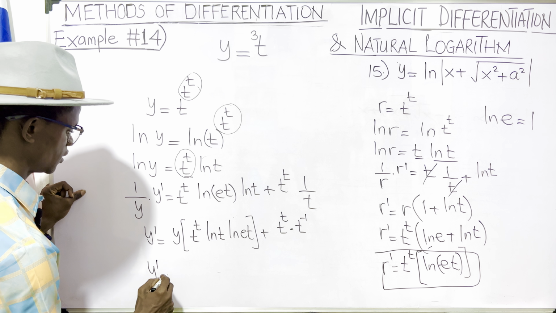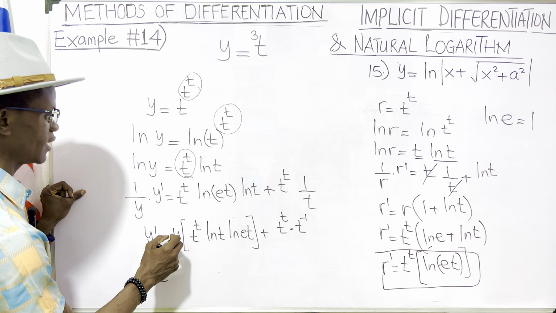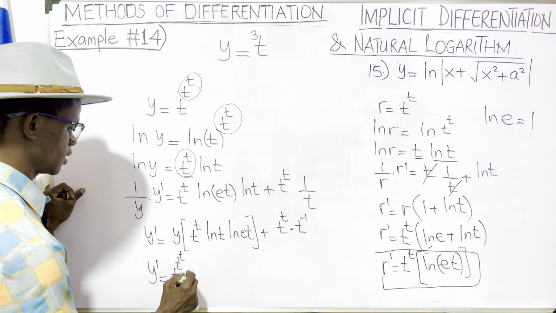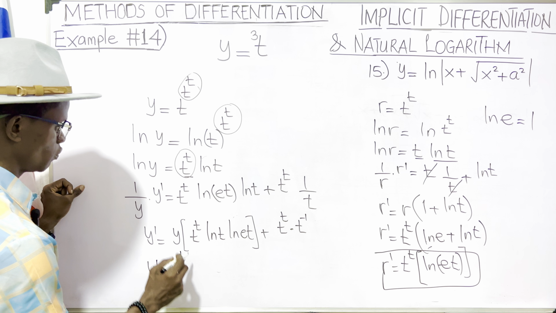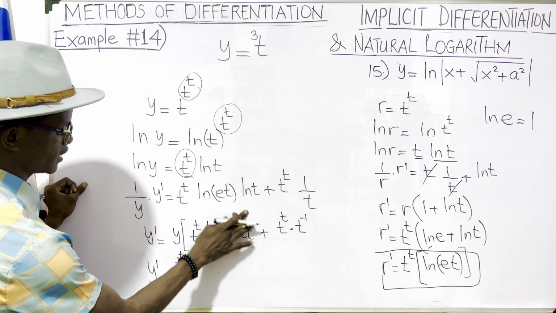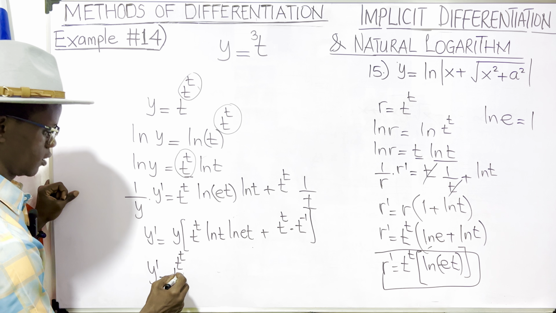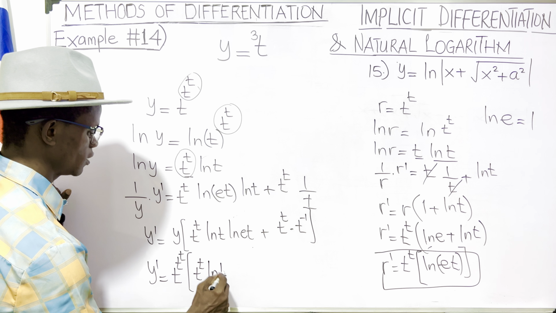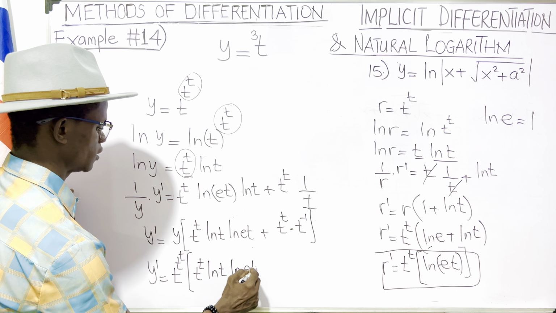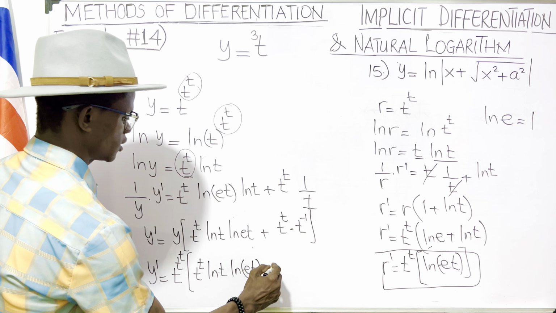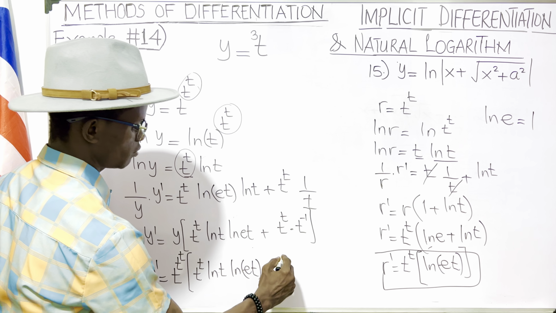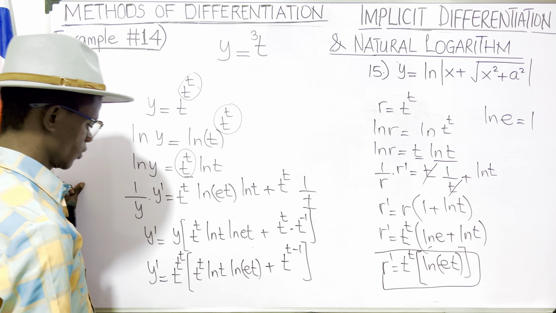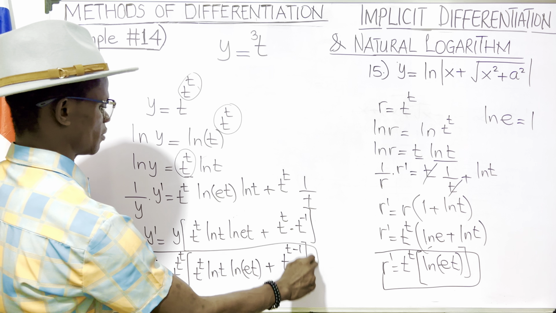So y prime is y, which is t to the power t to the power t, times, remember, this y must be multiplied by the entire thing, not just one term, times t raised to the power t ln of t and ln of et, and then plus t to the power t minus 1, since the bases are the same, we can add the powers. So this is our final answer for this problem.